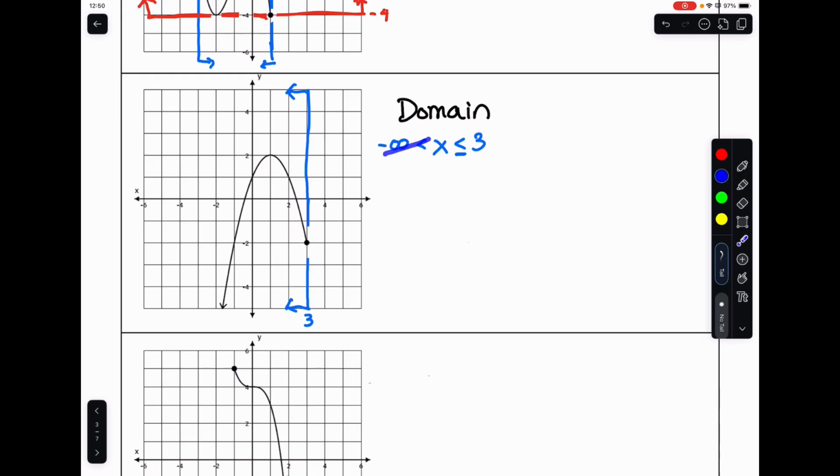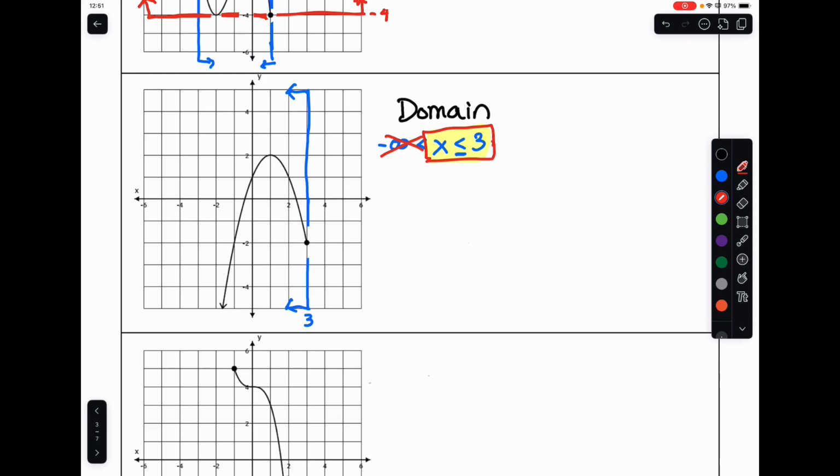Because the left end has no lower boundary, it's expected for you to only write the end that does have a boundary. So in this situation, that boundary would be here, that x is less than 3. So ignore this part. I'm going to scratch this out, and we're only going to write this part right here that I'm boxing in red, that I've highlighted in yellow.